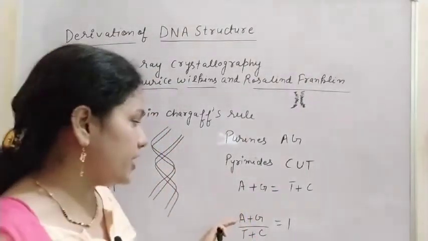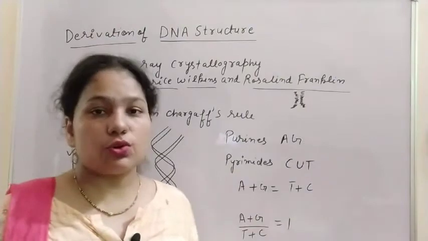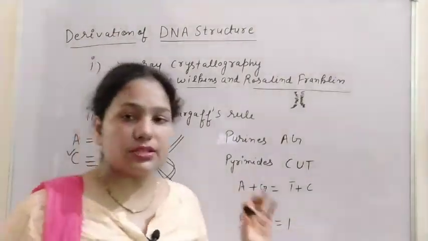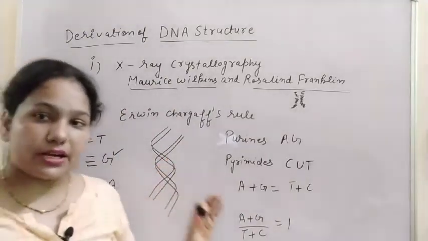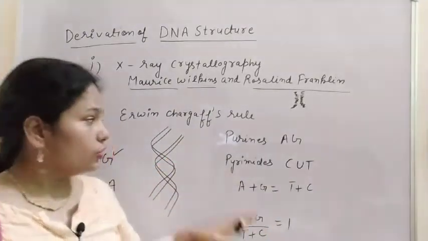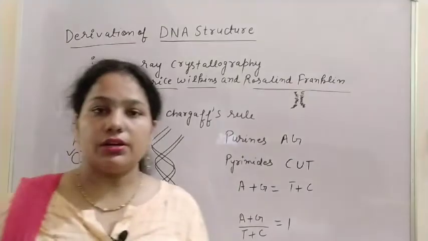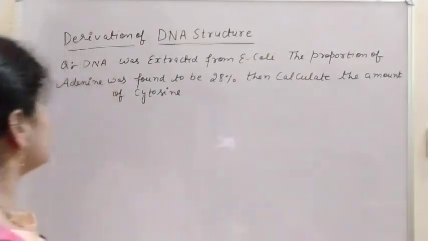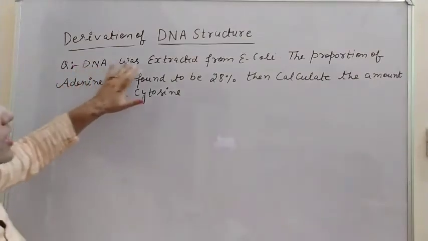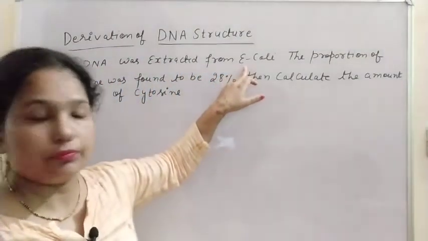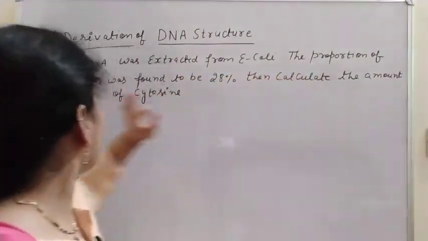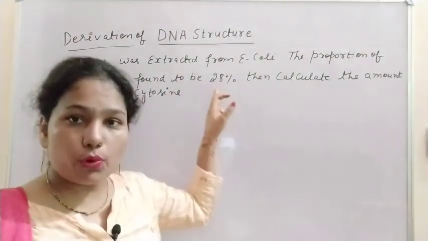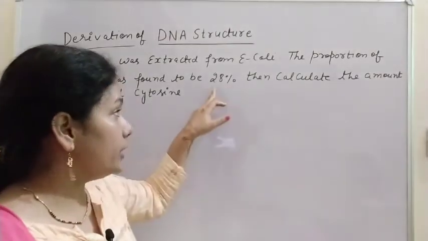This rule states that the percentage or the composition of purines and pyrimidines, that is equal, and that is equal to 1. To understand this, let's take one example. Here one example is present. DNA was extracted from E. coli. The proportion of adenine was found to be 28%. जो adenine का proportion है वो कितने percent है? 28%.